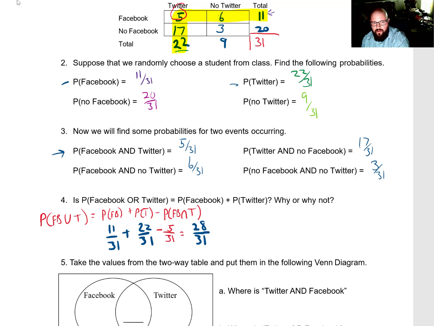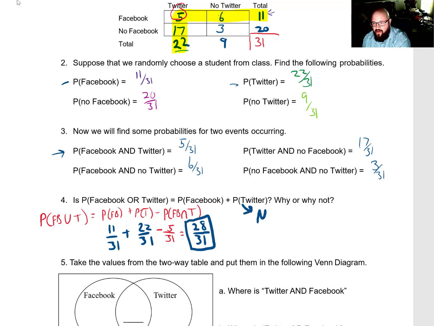(28 over 31) is our probability of being on Facebook or Twitter, because this is not mutually exclusive, right? So this would be a double count.